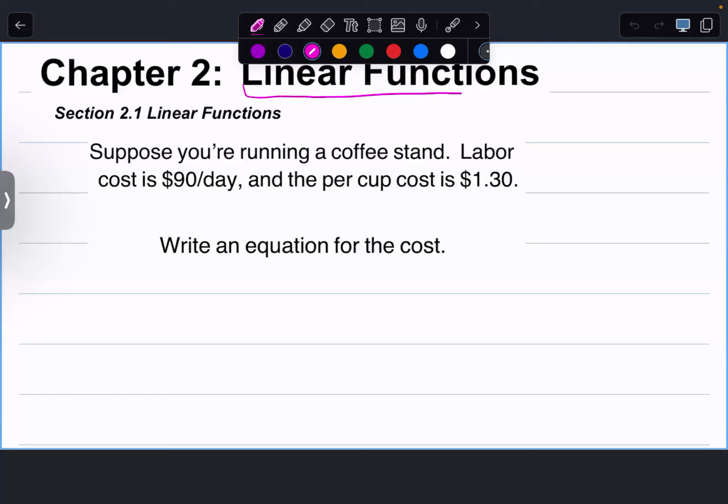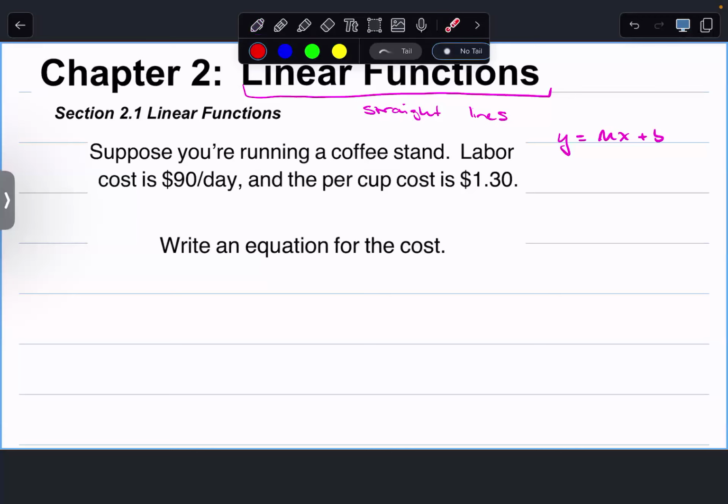Linear functions, they're just straight lines. You might remember y equals mx plus b from high school, right? Is any equation of a straight line. This projector is not happy today.